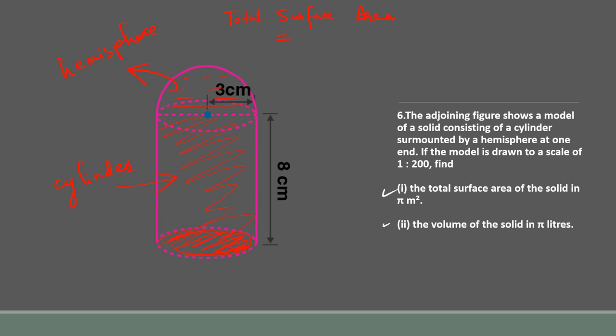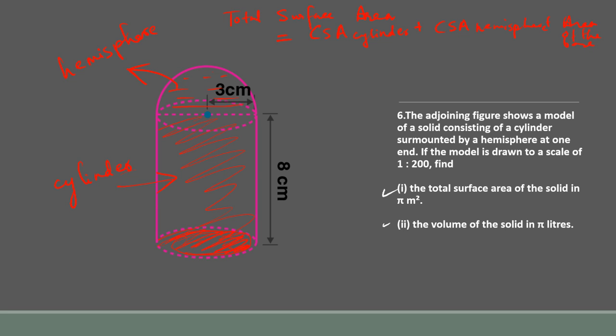So what is the curved surface area of the cylinder plus the curved surface area of the hemisphere plus the area of the base? This you need to find.